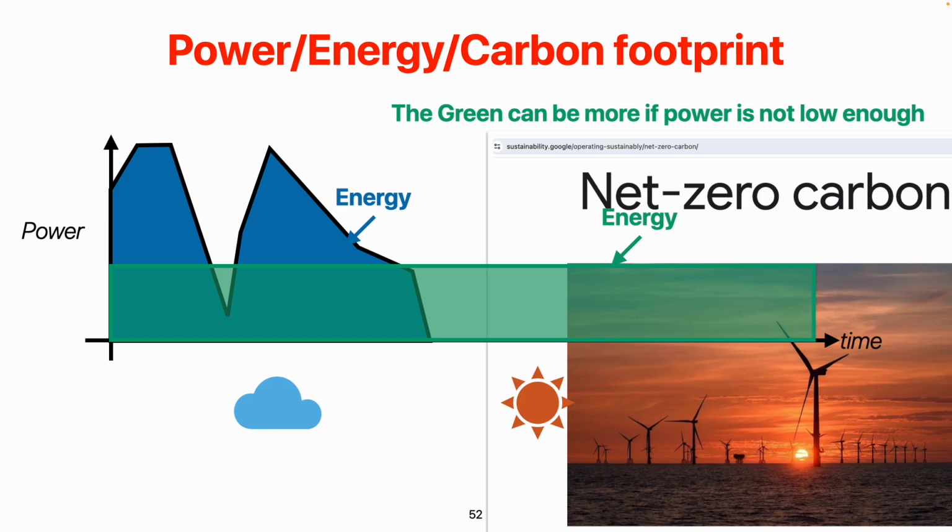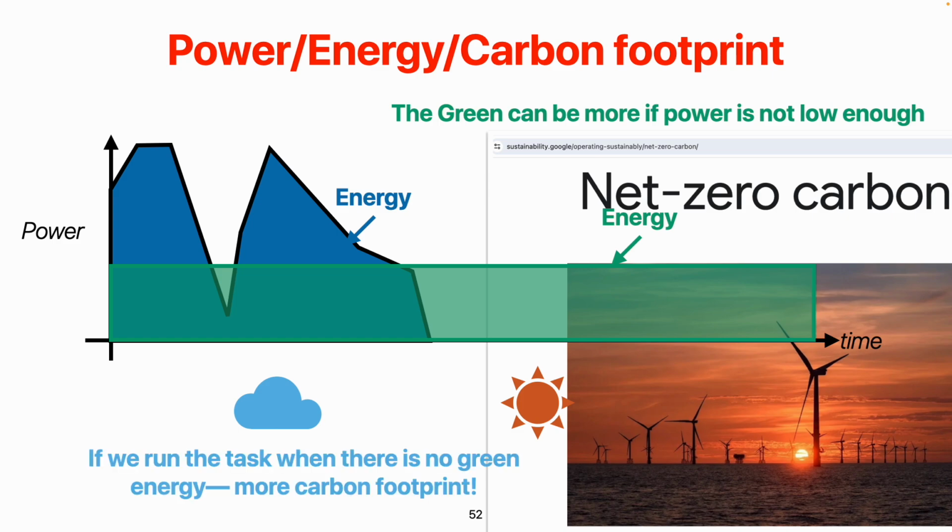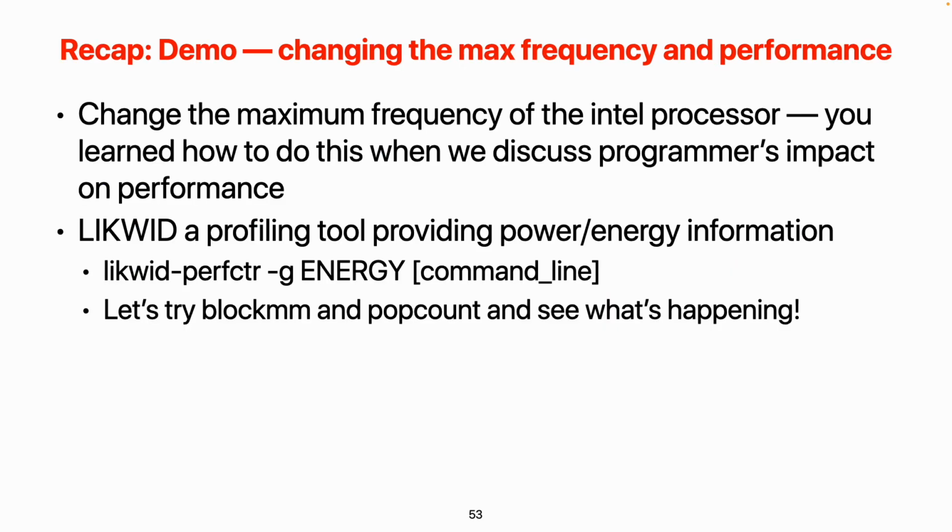Because it's cloudy, I cannot rely on solar power. So it turns out that you will produce more carbon footprint emission, for example from a gas-based power plant generating your power. You are going to emit more carbon footprint at this time than at the time you have a lot of solar power.